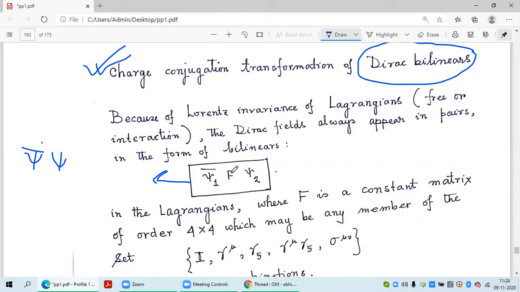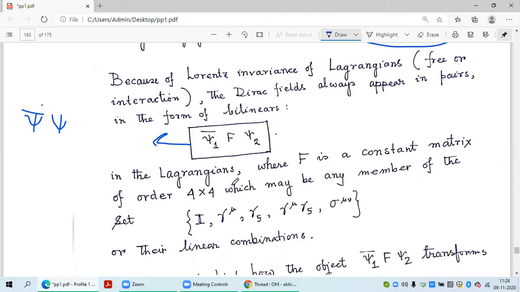Any 4 cross 4 matrix F can be written in terms of this set of 16 matrices, or their linear combinations, because they form a linearly independent set of 16 matrices.